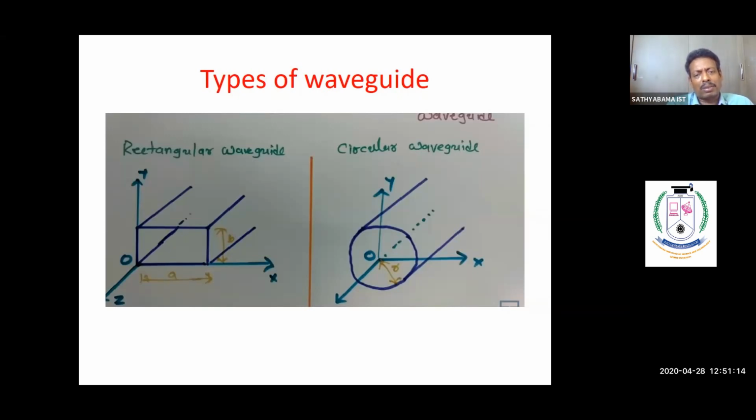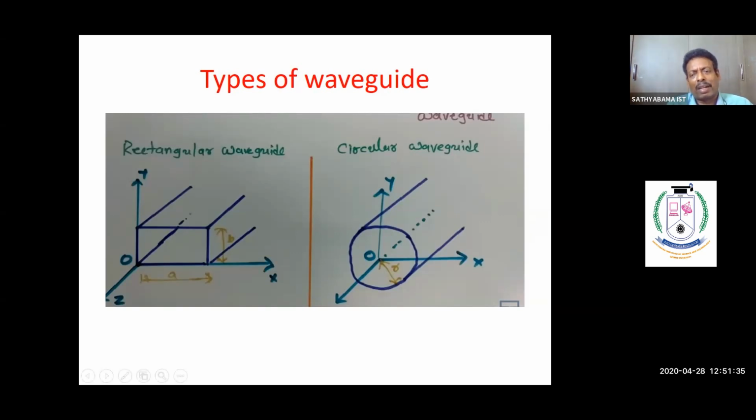Say for example, if I'm launching the signal in TM mode, it will work from 2 GHz to say 100 GHz. But if I launch TE mode, then it could work right from 1 GHz to 100 GHz. So the lower cutoff frequency gets decreased for TE mode when compared to TM mode. And that's called the dominant mode.